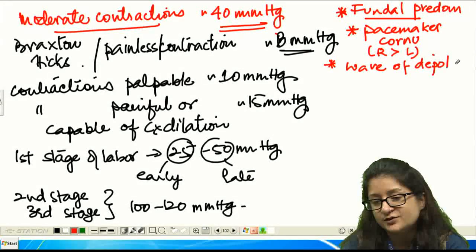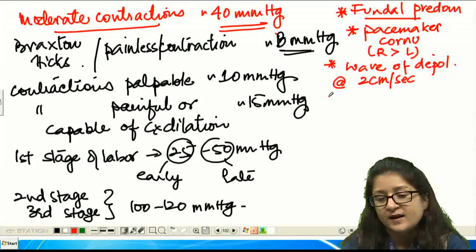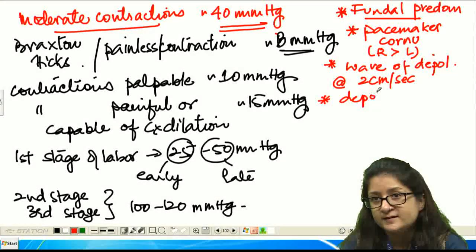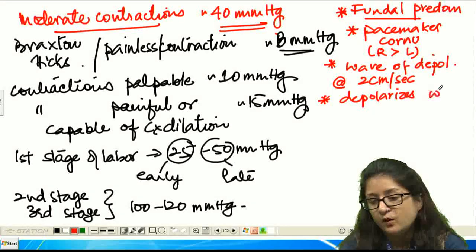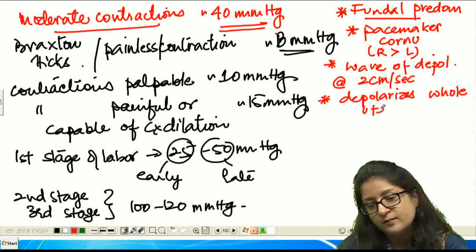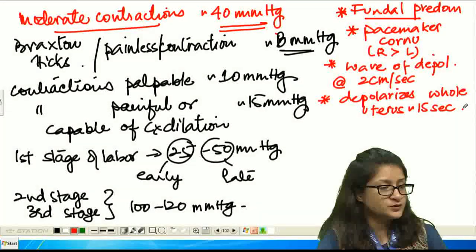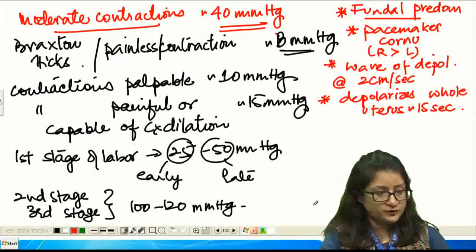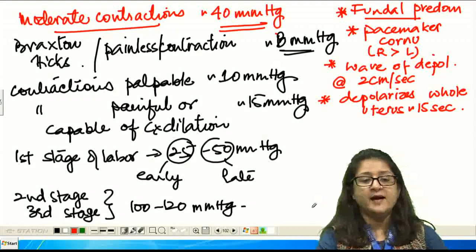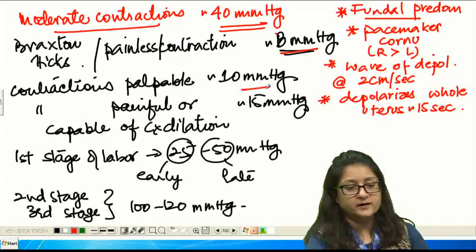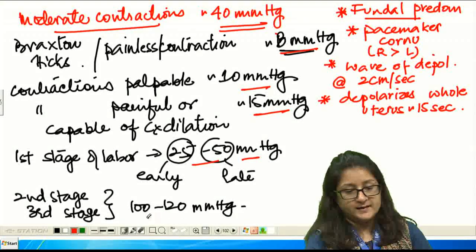It travels at the rate of 2 centimeters per second, and it depolarizes the whole uterus in about 15 seconds, okay. So these are the important bits that you have to remember about the types of uterine contractions and the intensity of uterine contractions, right.